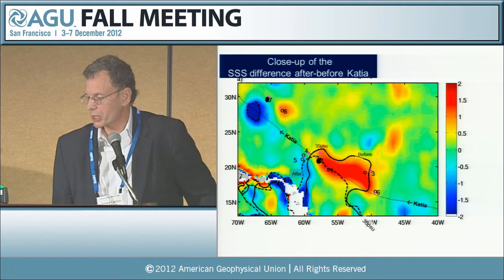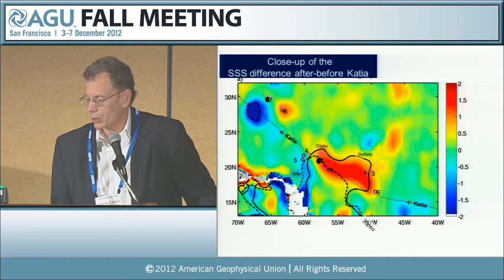So let's take a look again at the passage of Katia over the plume. This is a close-up of the plume. The solid line shows the 35 PSU contour before the passage, the dashed line 35 PSU after passage, and we happen to have several Argo floats in this location.